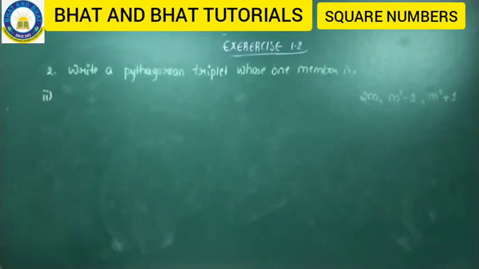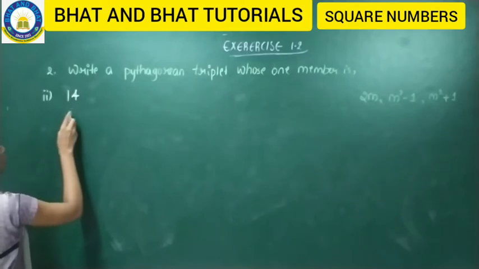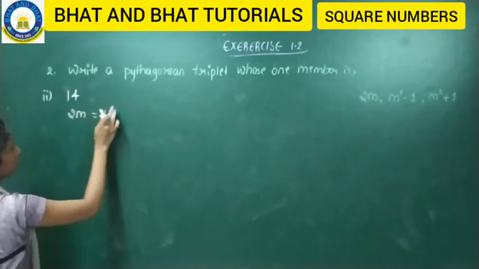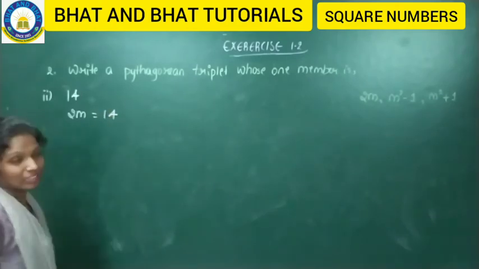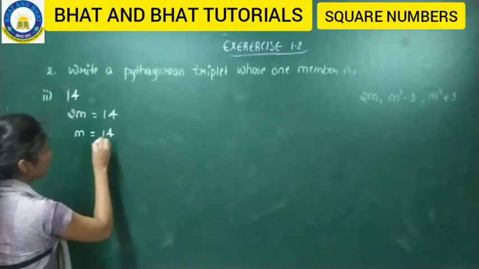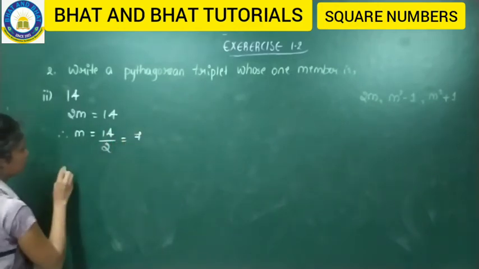So after 6 you have 14. So 2m is equal to 14. Now I'll be just doing with the solution. m is equal to 14 by 2 is equal to 7.